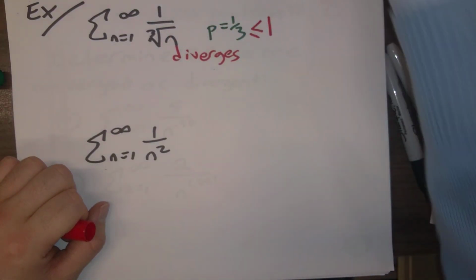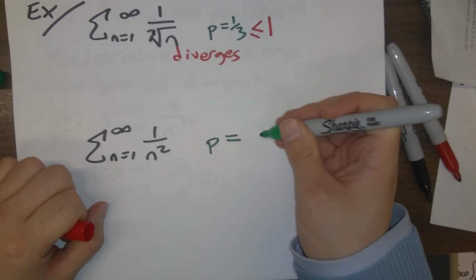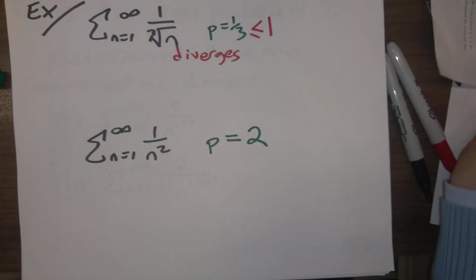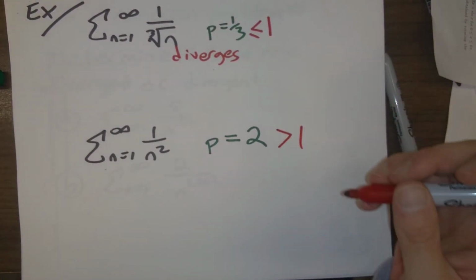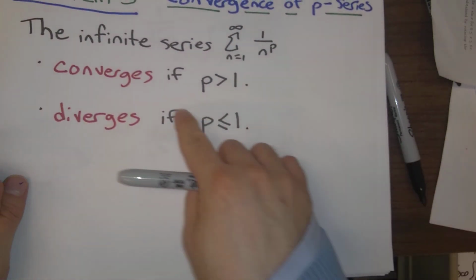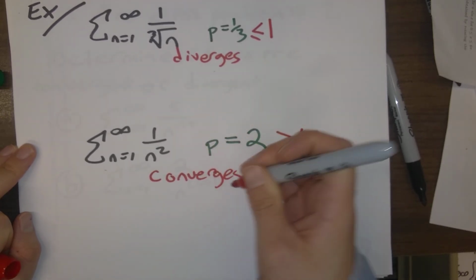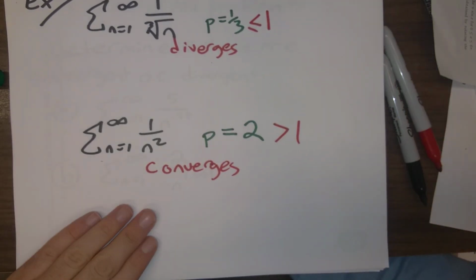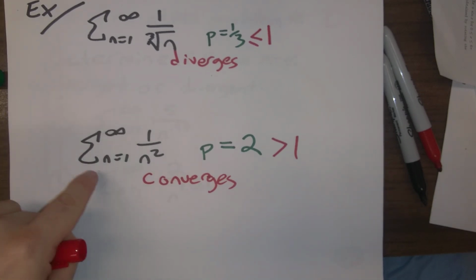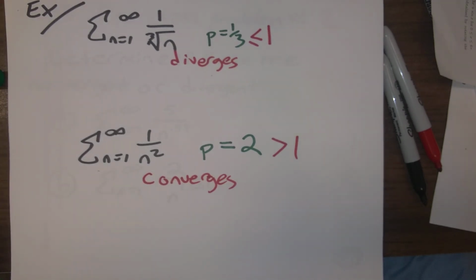In this case down here, p is equal to 2, and 2 is strictly larger than 1. So this tells us that this infinite series converges. Now, it doesn't tell us at all what this is equal to. It tells us that it converges.